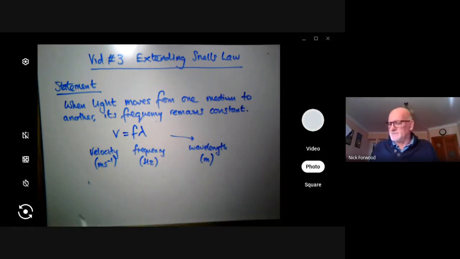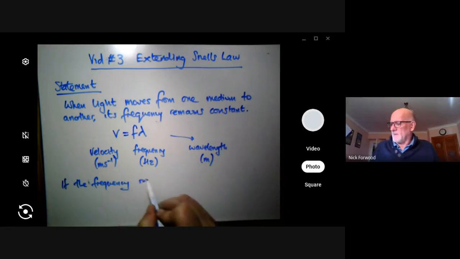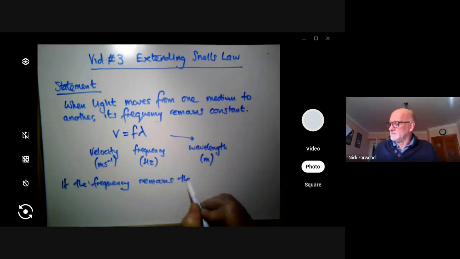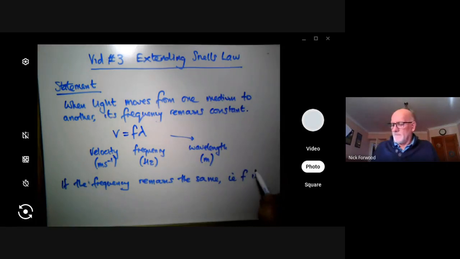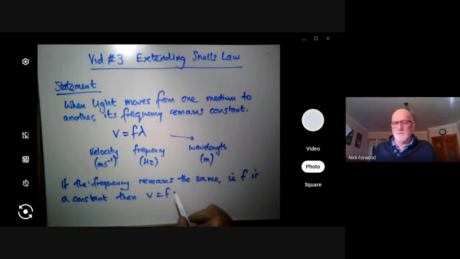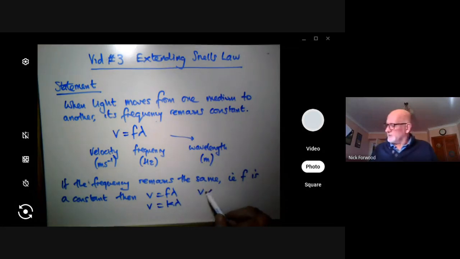In other words, if the frequency remains the same, we can work backwards from the equal sign and say that velocity is equal to a constant times lambda, which leads to velocity is proportional to lambda.